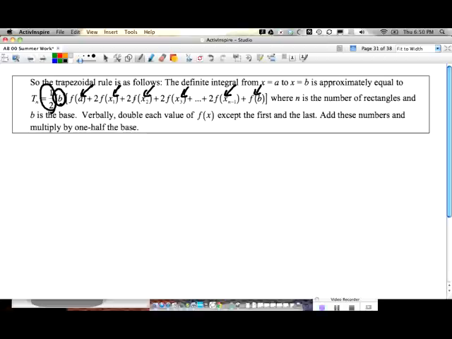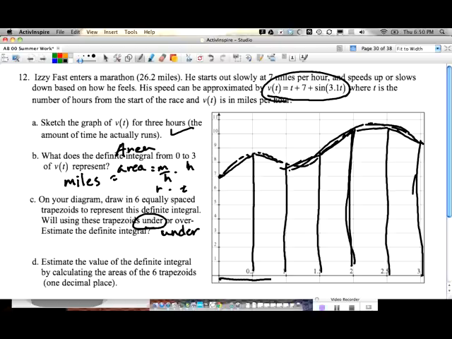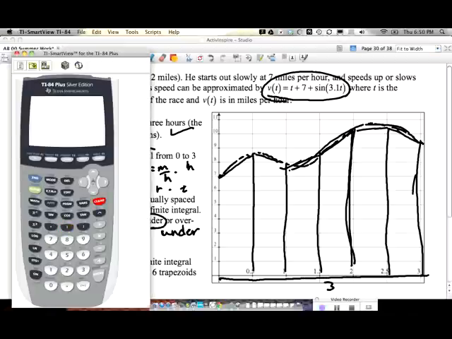It's 1/2 times b minus a, from a to b. So that's what we're really looking for, b is the base. So what's our base? Our base here is 3. So the function is going to be 3 over 2. So 3 divided by 2, or 1/2 times 3, times, all right, now we need all those heights in here.